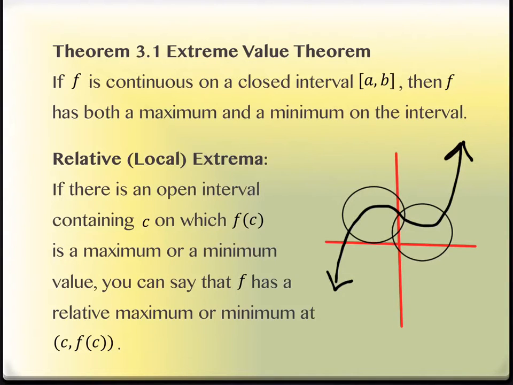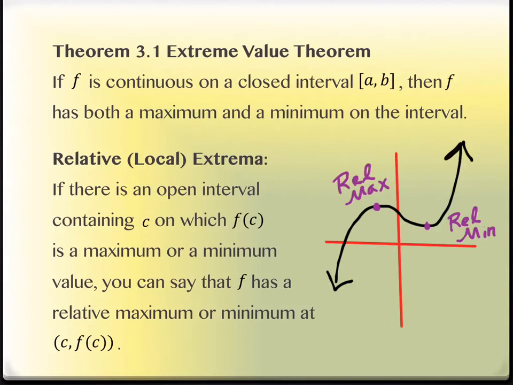If you were to zoom in on that spot, and that's the only spot you saw, you would say there's a place in this small spot where I have the biggest value, or I have the smallest value. Those places are the relative extreme points. So on this particular graph, this one would be the relative max. And this one down here is the relative min.